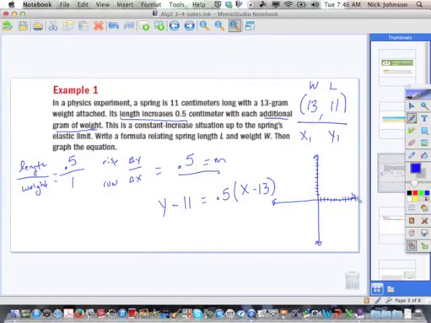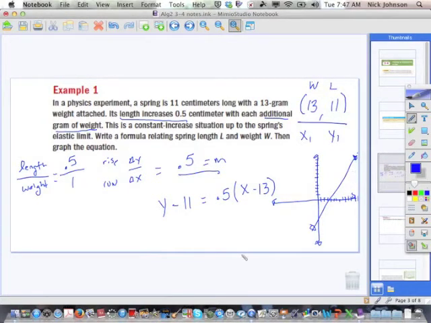So 13, 11 is plotted right here. And then my slope says I go up a half over 1. So up a half over 1 is going to take me right here. Sorry. Oh, that's too far for a half. Probably about right here. And so I get a line that looks something like this.